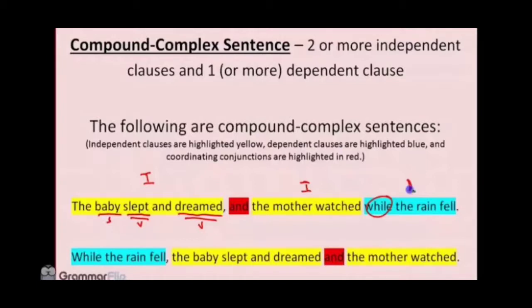We are bringing the dependent clause to the front, so we are using a comma. While the rain fell, the baby slept and dreamt and the mother watched. We are using commas in both types of sentences, and this is known as a compound complex sentence. In compound complex sentences, we can use two or more independent clauses and one or more dependent clauses, children.